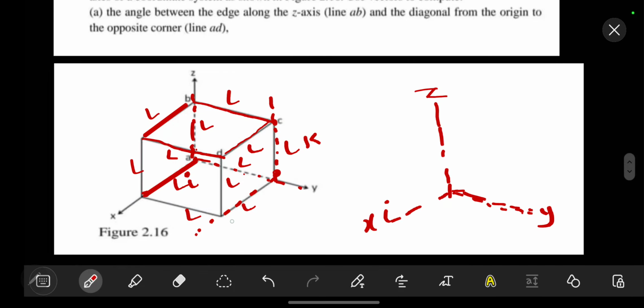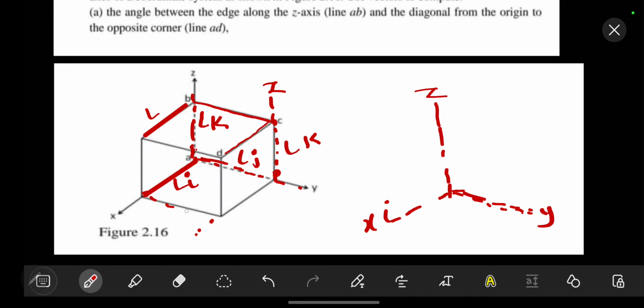Then finally, this one will be your Lj, since it is in the y. If this is Lk, automatically even this one will be Lk because it is also in the z plane.